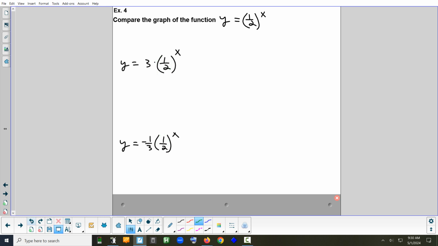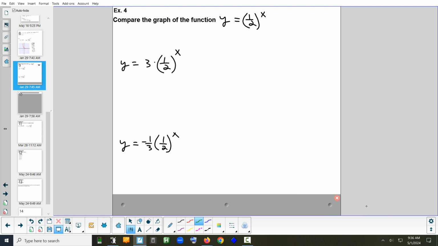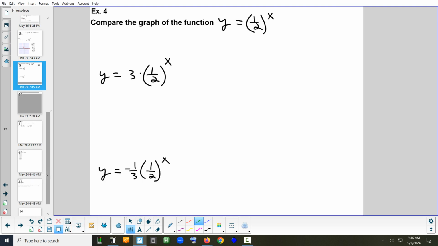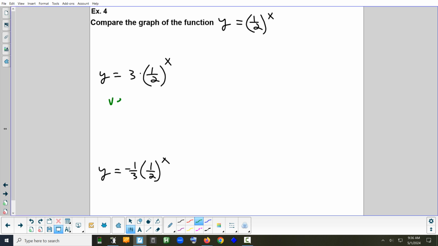Take a couple minutes, try that, and then I'll walk around and check in and see how you did. All right, so let's take a look at these two. Remember, when you see the words compare, that sentence needs to start out vertical stretch by a factor of.